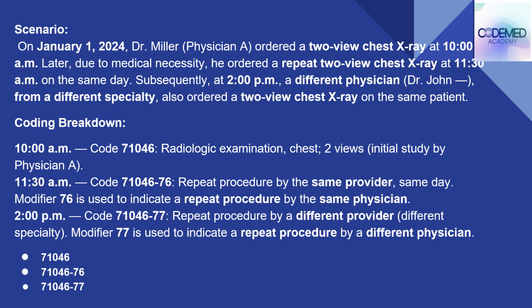It is used to indicate the repeat procedure by the same physician. At 2 p.m., the chest X-ray which was taken, we will code 71046-77, because it was a repeat procedure but here the provider was different, and so we will use the modifier 77, and this will be the complete work for this case.